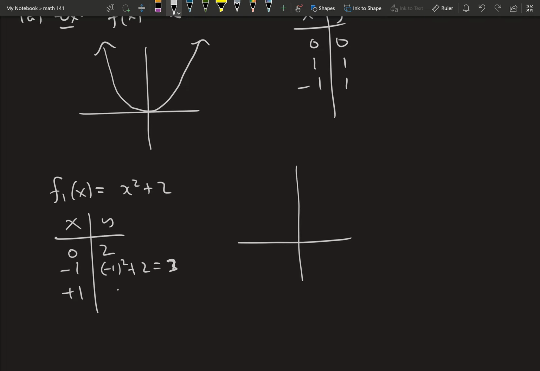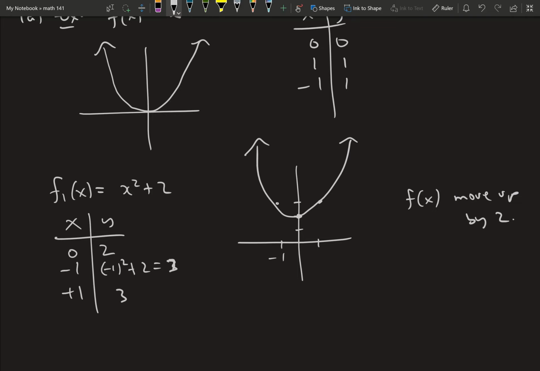Here we get 1 squared plus 2, which is also 3. Notice that the y values are just adding 2. So here's 1, here's 3, here's negative 1 and 3. The graph just gets bumped up by 2. So this graph is just f of x moved up by 2.